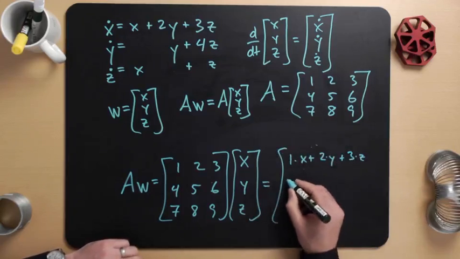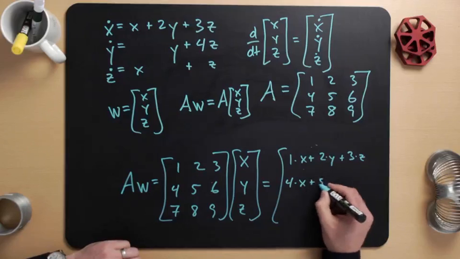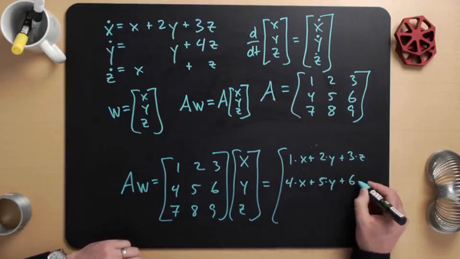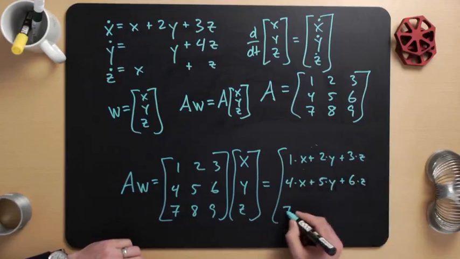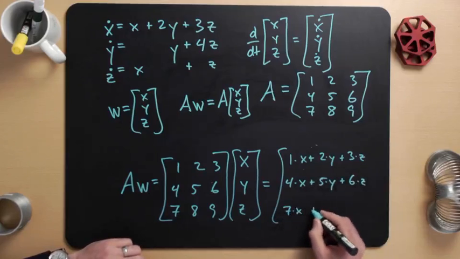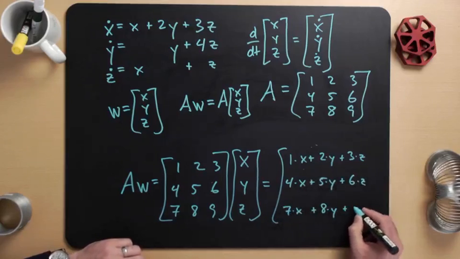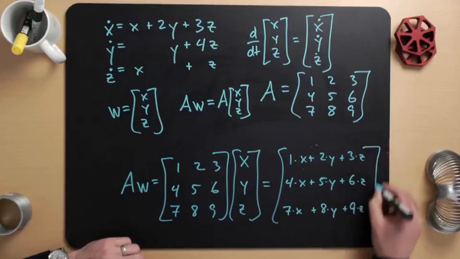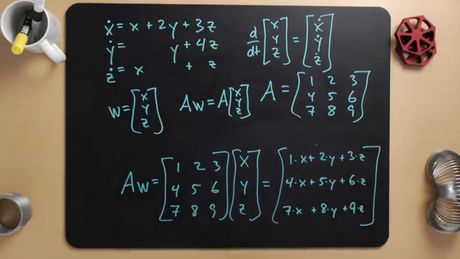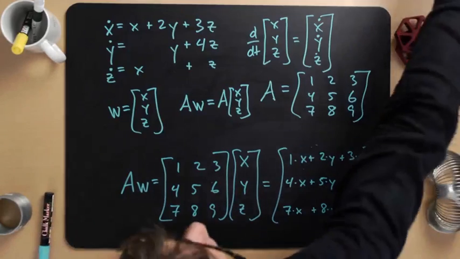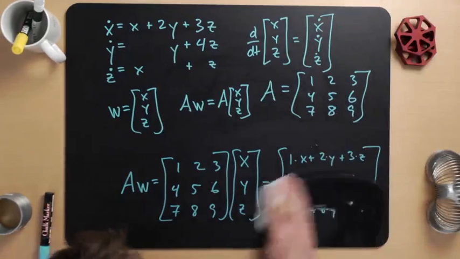And then the second row is 4 times x plus 5 times y plus 6 times z. And then the last row is 7 times x plus 8 times y plus 9 times z. Note that the result is a vector again, so multiplying a matrix times a vector gives a vector.